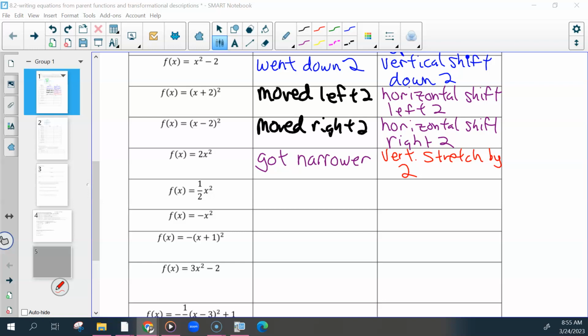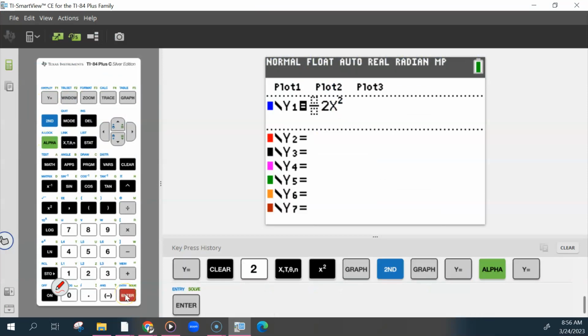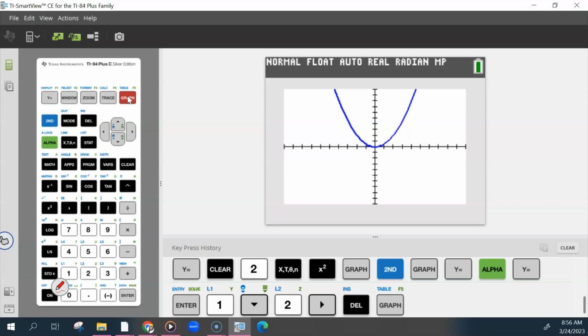So then with the next one, we change the 2 to a 1/2. So I just changed that, and I'm going to get rid of the 2 by hitting delete. Graph that, see what happens. We're comparing that to the original.